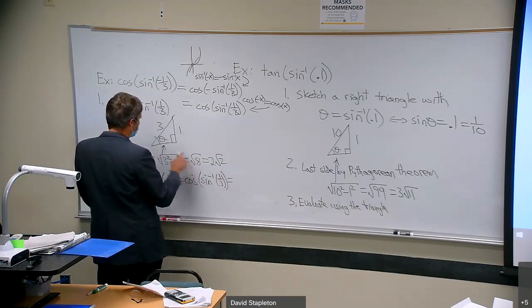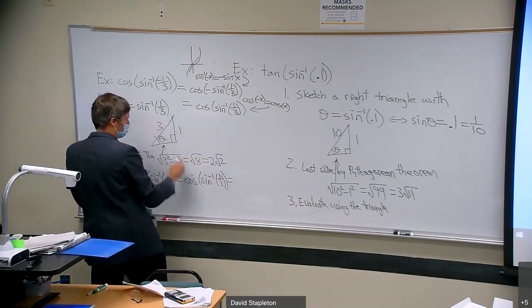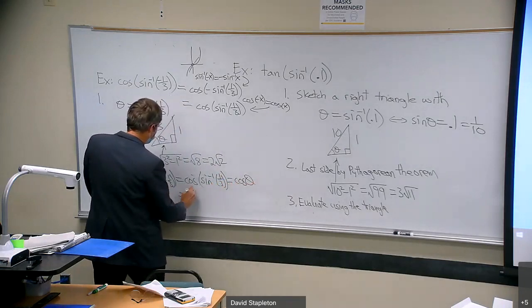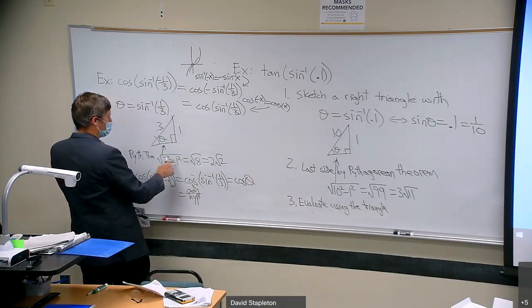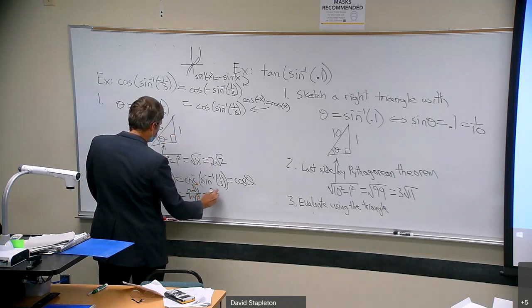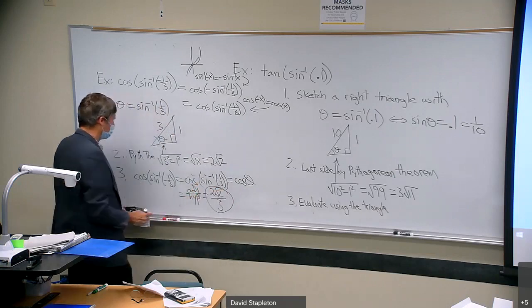But arc sine of 1/3 is theta. That's the way we constructed the triangle. So it's cosine theta, which is adjacent over hypotenuse, which is 2 square root 2 over 3. So there's that one exactly.